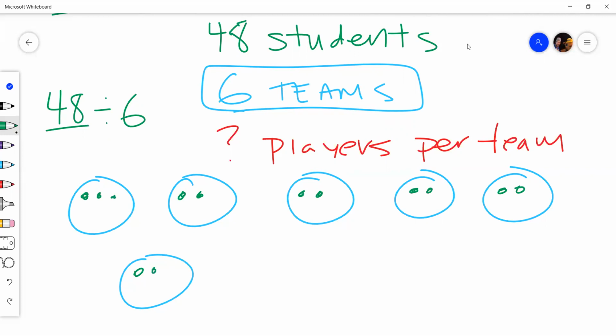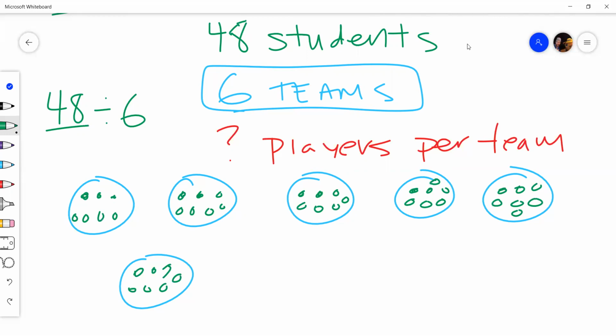Let's keep going. 13, 14, 15, 16, 17, 18, 19, 20, 21, 22, 23, 24, 25, 26, 27, 28, 29, 30, 31, 32, 33, 34, 35, 36, 37, 38, 39, 40, 41, 42.